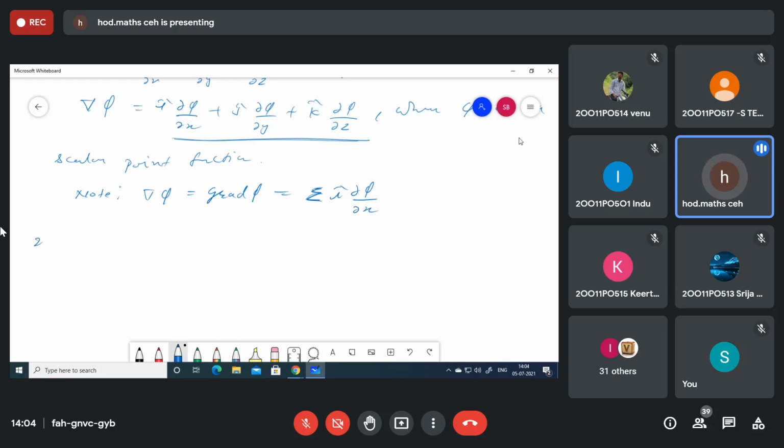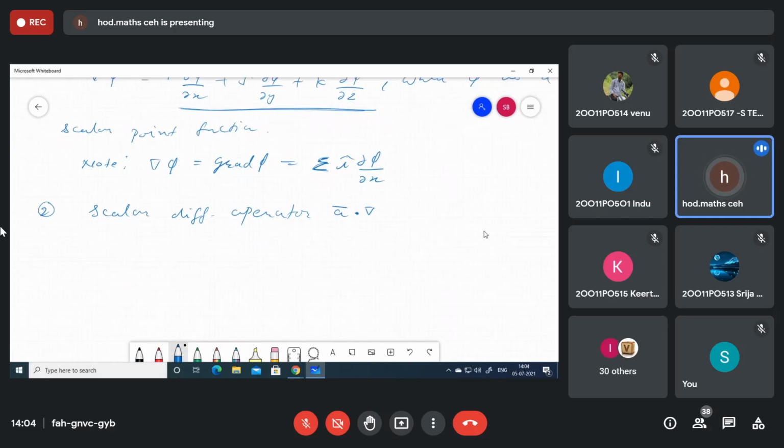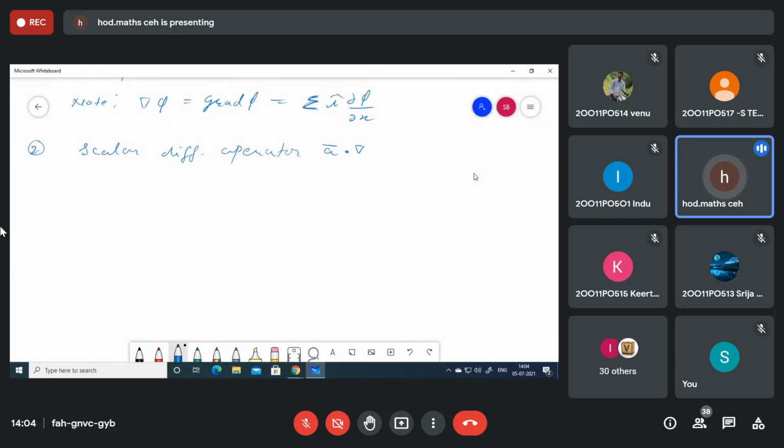Now the second one, you have the scalar differential operator, which is a bar dot del. a bar is a vector function, and del itself is an operator in which vectors are involved.